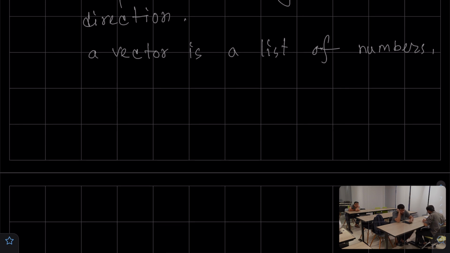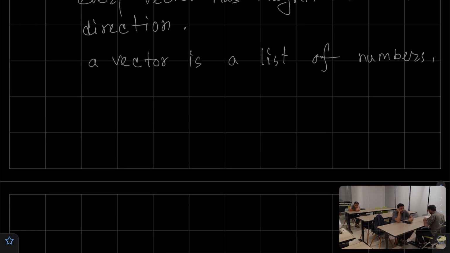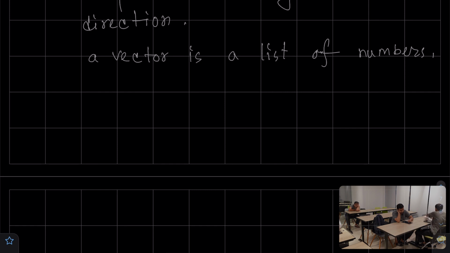So, a list of numbers. Today, let us first define what we mean by list. I guess the main thing is not the exact numbers, it's a list of values.